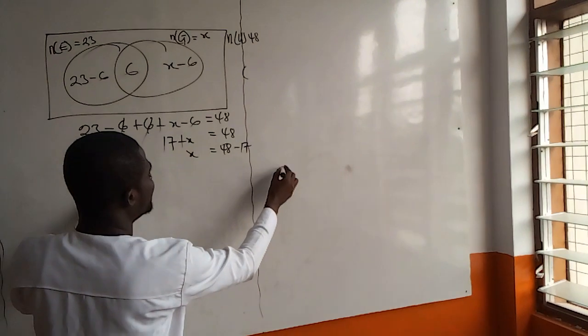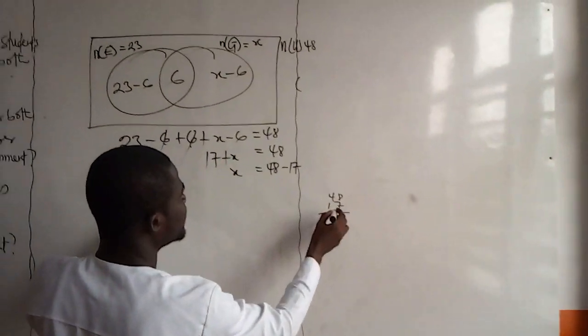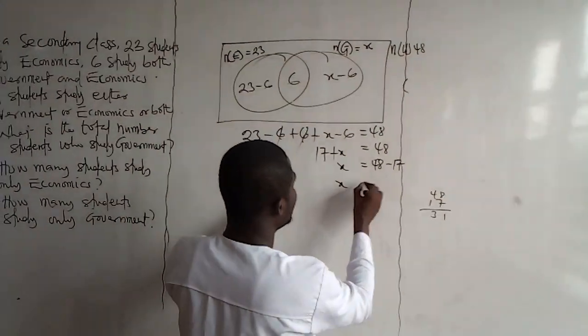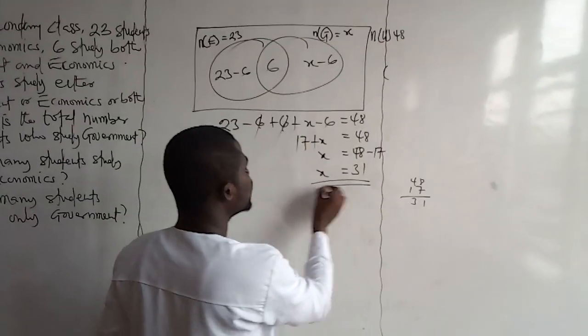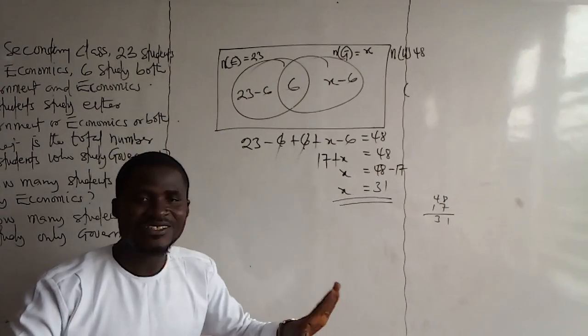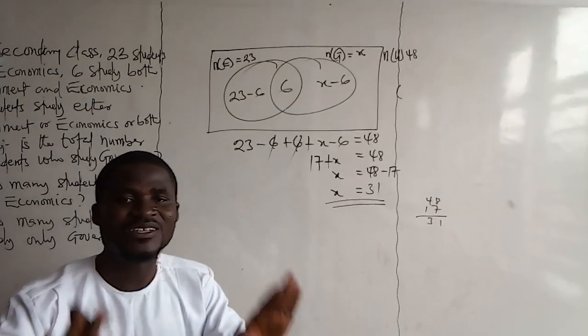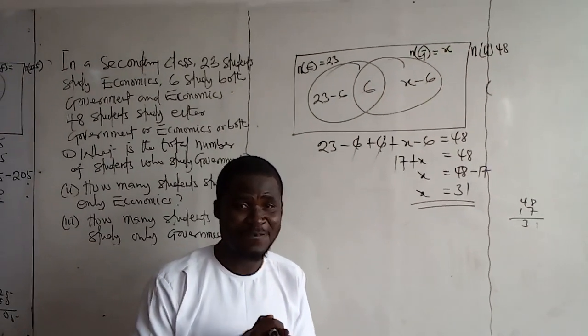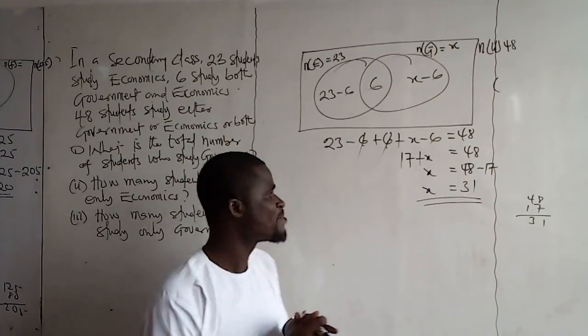Now, 48 minus 17, we have 31. So it means that those who study government, they were 31 students. Are you getting it? Good.